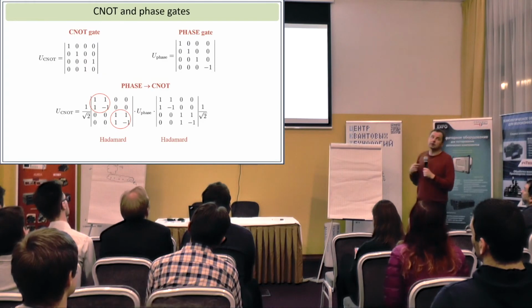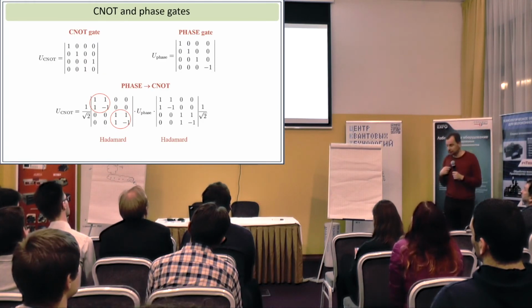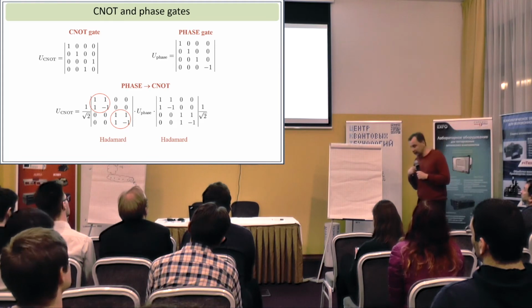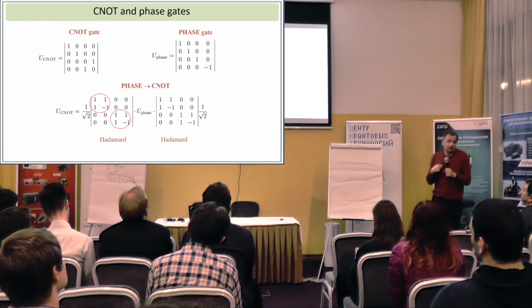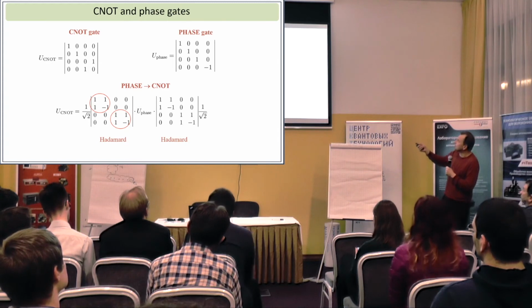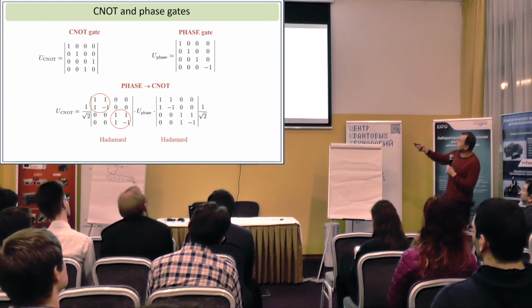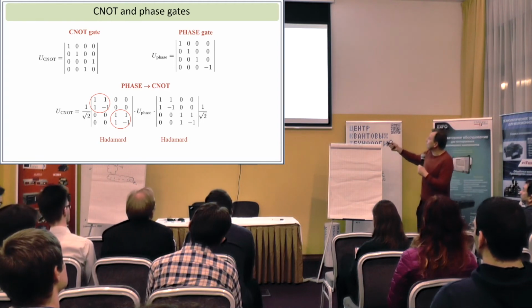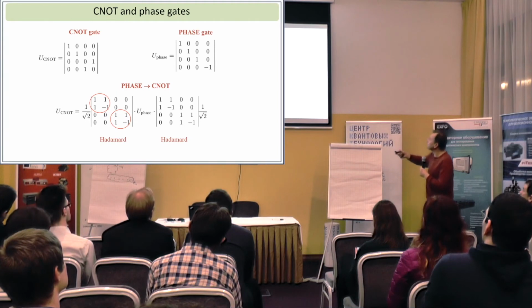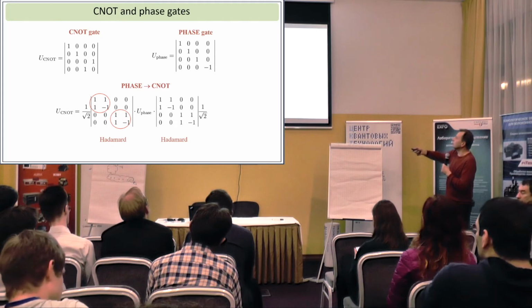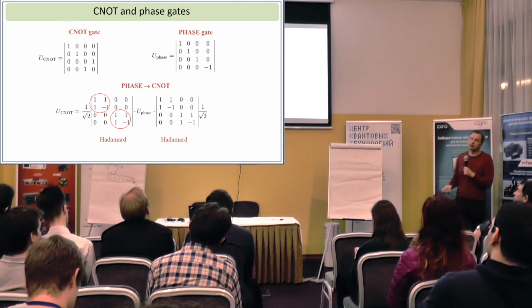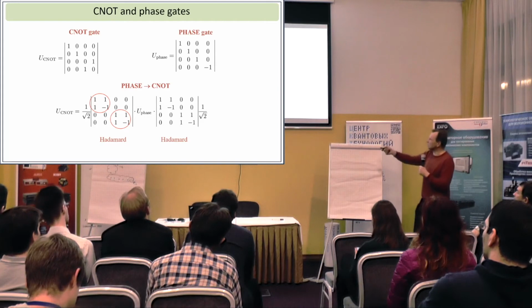Let's remember that the CNOT gate and the phase gate are, in some sense, very close. The phase gate adds an additional phase on this part of the matrix. You can translate the phase gate to a CNOT gate by implementing two pairs of Hadamard gates, which is really straightforward.